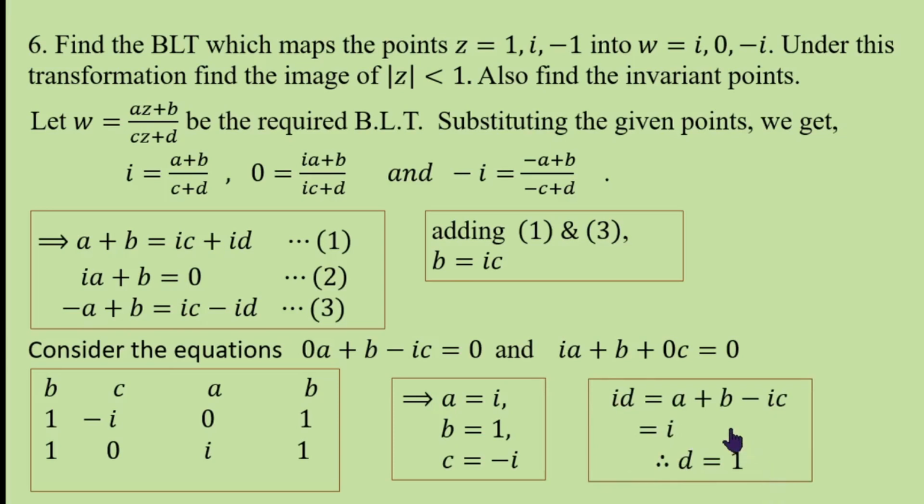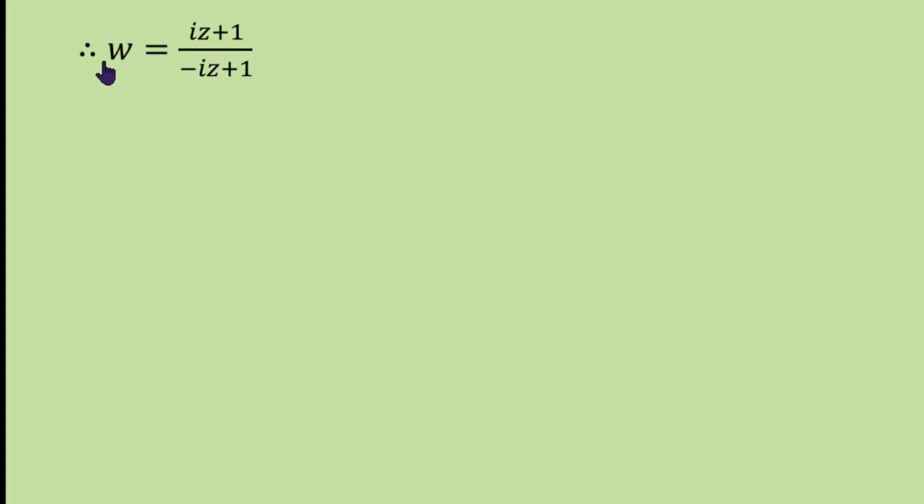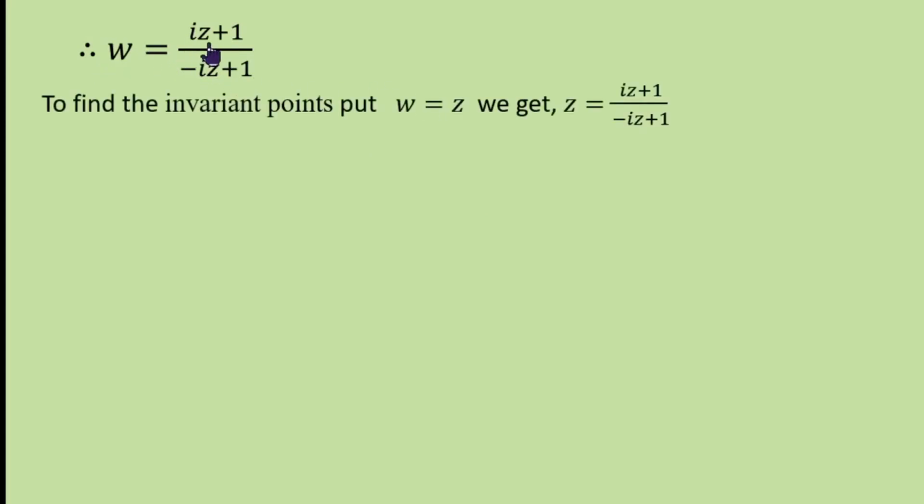Checking: B is 1, A is i, minus i into C is also minus i into minus i, that is minus i squared, which is 1; 1 minus 1 cancels, so iD is i, D is 1. Now substitute the values of A, B, C, D in W. So iZ plus B, 1, plus iZ divided by D, which is 1 minus iZ. So W is 1 plus iZ by 1 minus iZ.